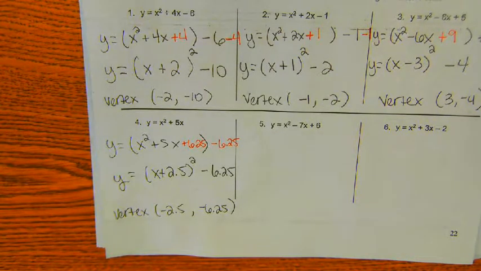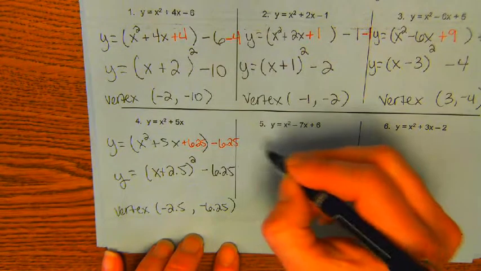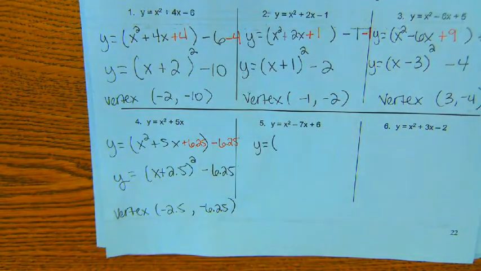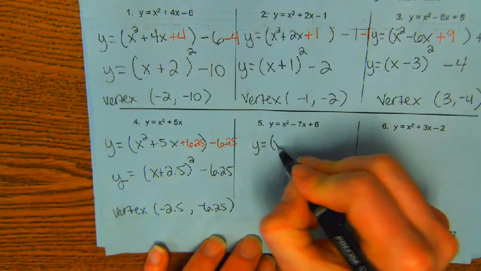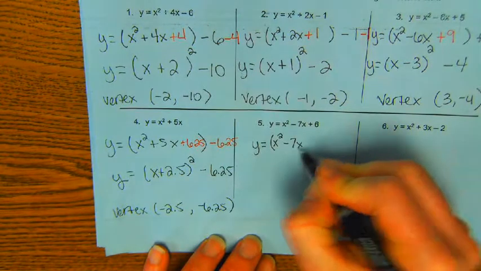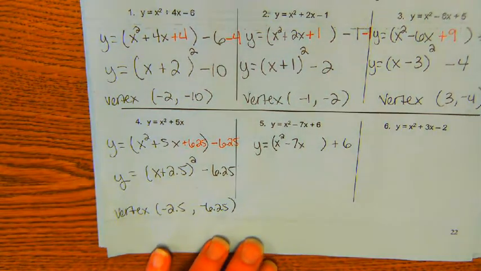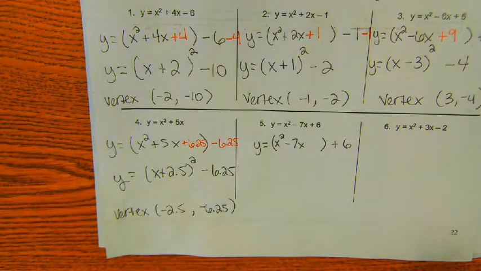And the vertex would be okay. I'm hoping you're getting the hang of it now, but let's try one more, okay? What do I do first? Put a parentheses and leave some space. Okay.